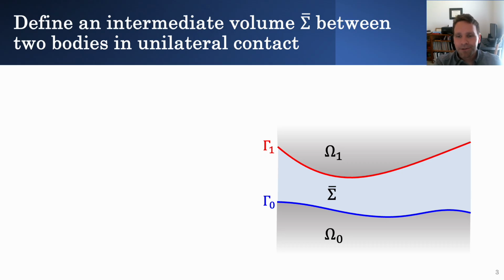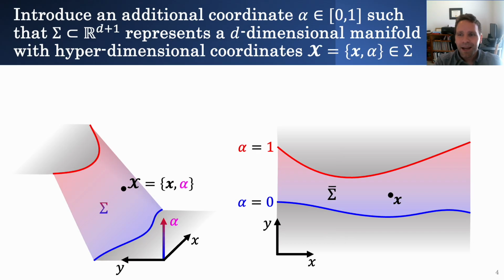And in between those two surfaces, I have some intermediate domain, sigma bar. It's some two-dimensional domain in this example, but rather than treating it truly as a volume or a two-dimensional volume in this example, suppose instead that that was a hyperdimensional surface.